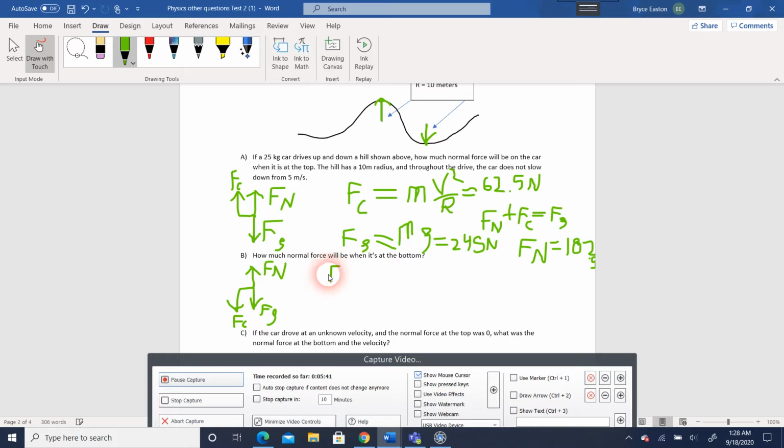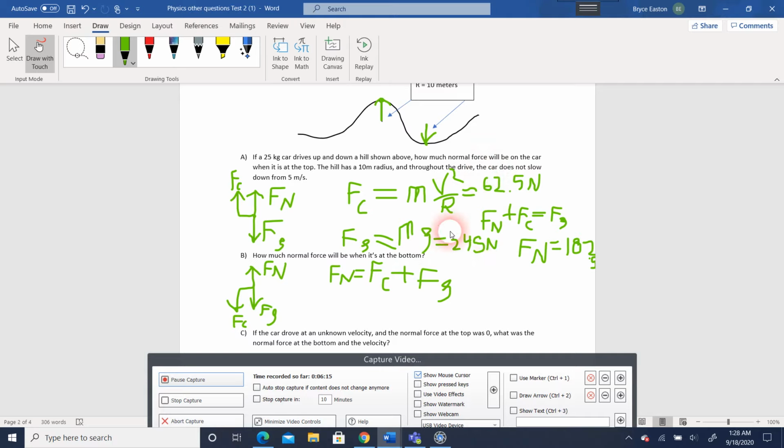So our equation will look like F normal is equal to Fc plus Fg. Since we already calculated the force of gravity and the centrifugal force, and none of our variables changed, we don't need to calculate them again.